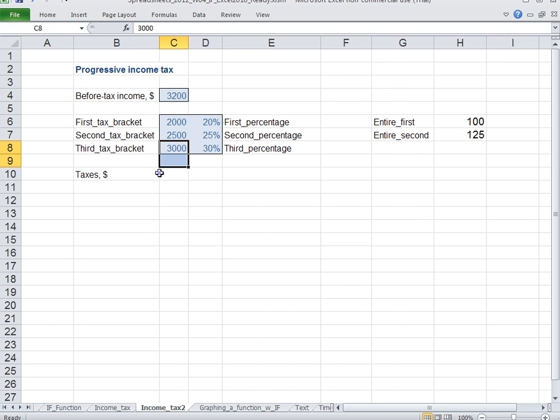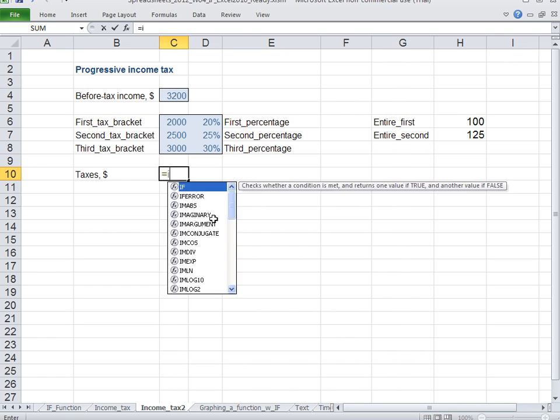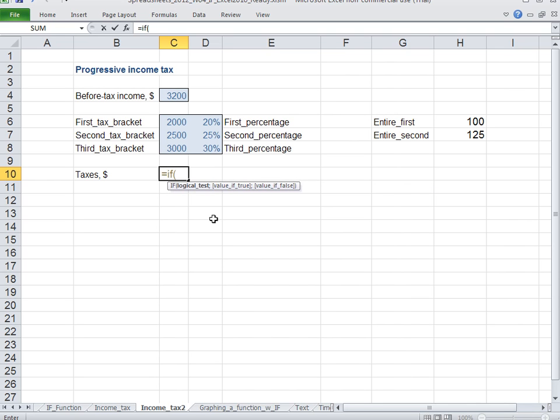Let's start by writing the formula. Equals if, parentheses begin, and the first thing is really rather easy to check. We check whether the before-tax income is less than the first tax bracket, and in that case your income tax sum is going to be 0, and that's all.